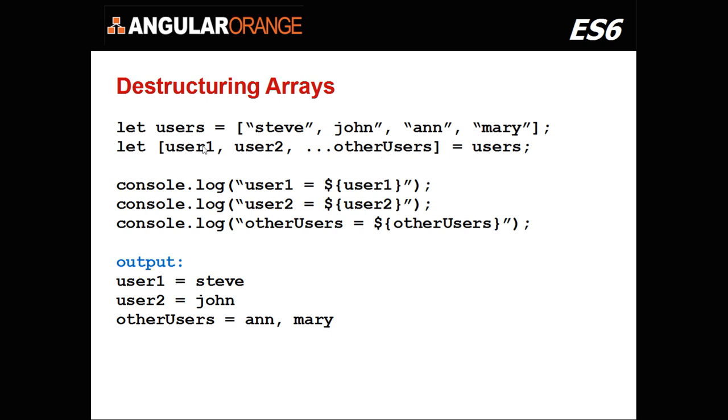So in this case, user1 would be Steve, user2 would be John, and otherUsers would be Anne and Mary. And this is really nice syntax. I know there's lots of times I like listing even the months of the year, and getting them in an array this easily is very, very nice.